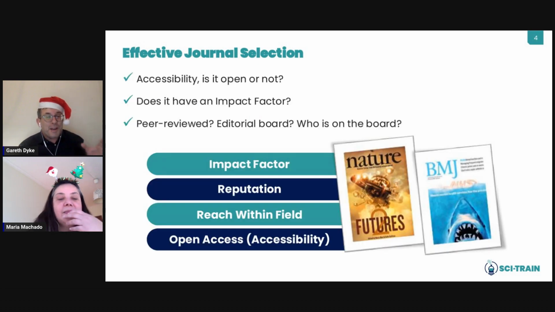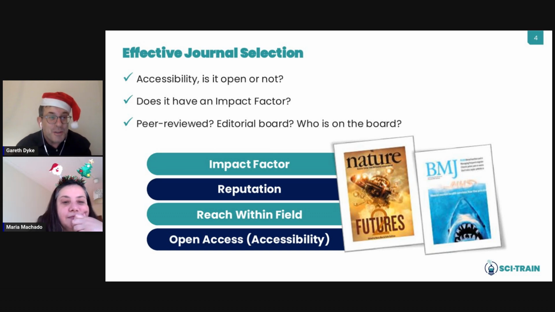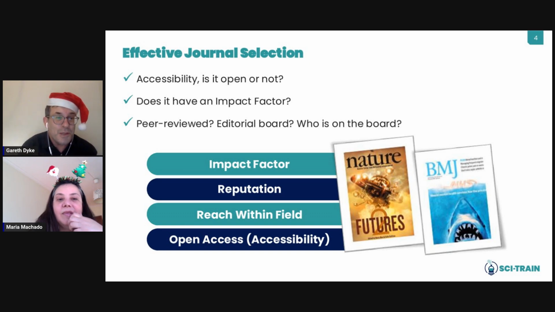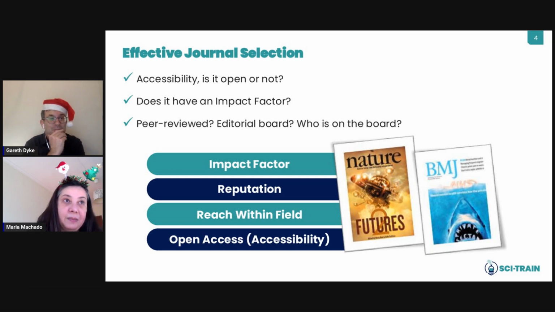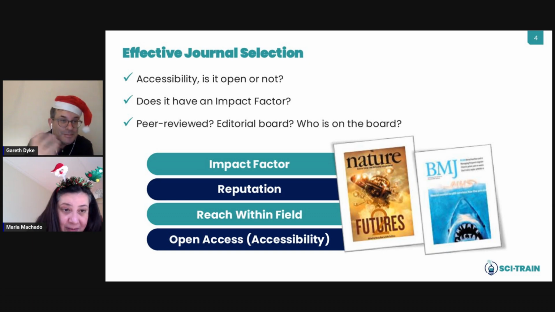As we think about effective journal selection, we've made our little list here of the kinds of things that researchers think about, right, Maria? What kinds of things come to mind as a researcher when picking a journal for your next paper? So first of all is whether the people that you want to read your paper are going to be able to read your paper.